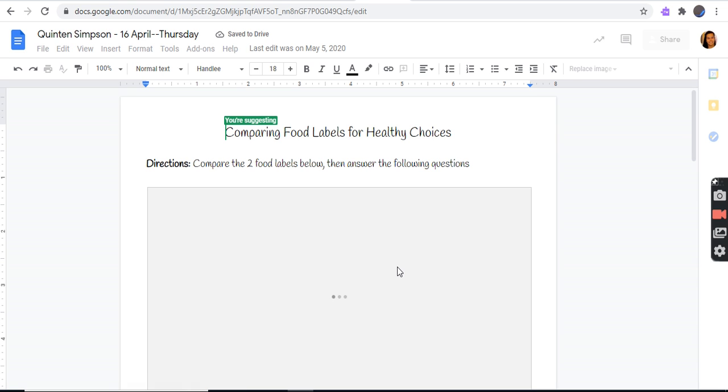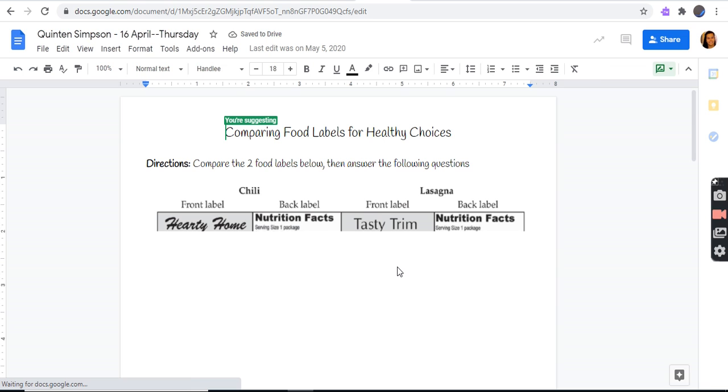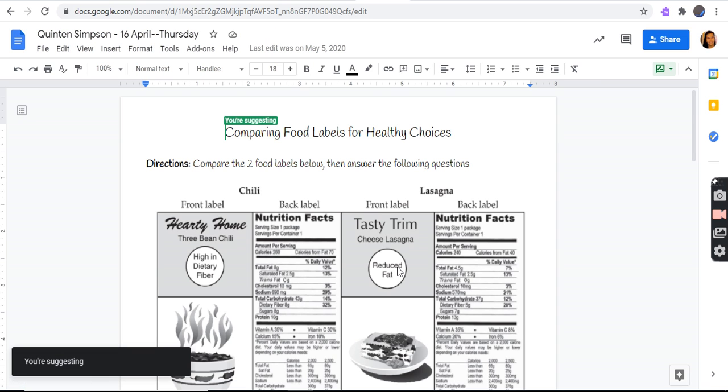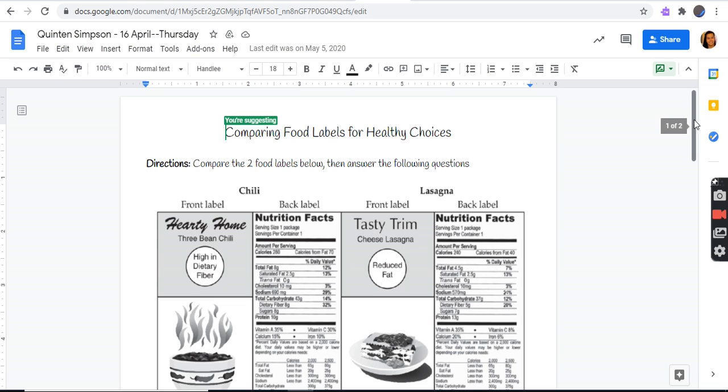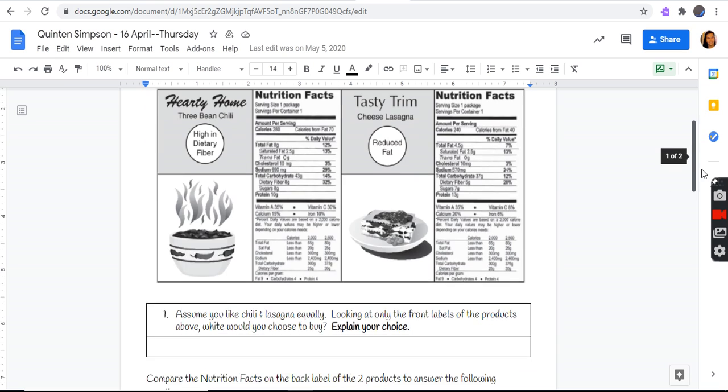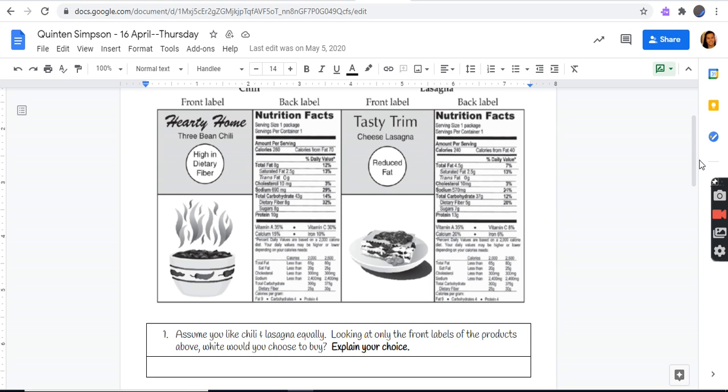April 16th. Comparing food labels for healthy choices. Directions: compare the 2 food labels below, then answer the following questions. Chili, a front label and a back label. Lasagna, a front label and a back label. It says high in dietary fiber, bean chili, serving size 1 package, servings per container 1. Calories 280, calories from fat 70, total fat 8g, 12%, saturated fat 2.5, 13%.